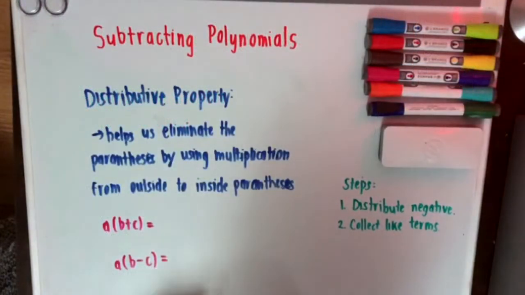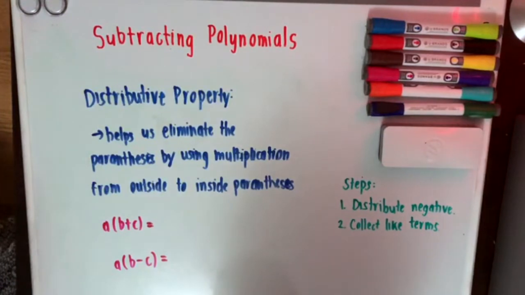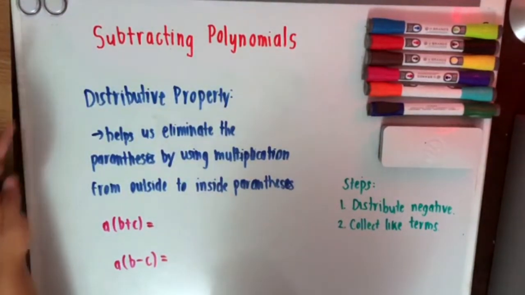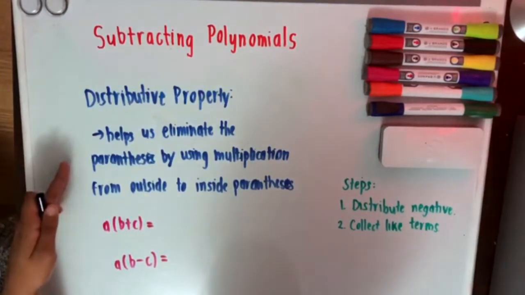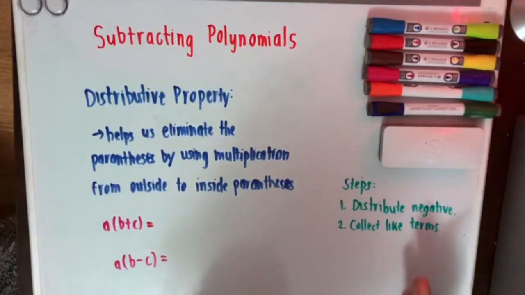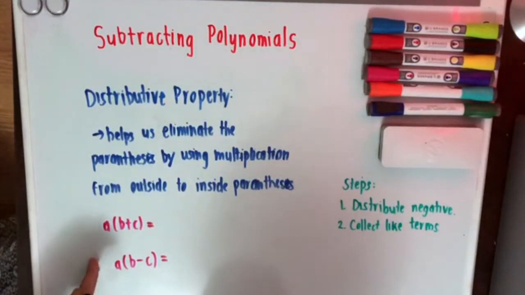So first, let's begin with understanding what the distributive property is, because that's the essential part. The definition: it helps us eliminate the parentheses by using multiplication from outside to inside the parentheses. What that means, let's look at these two examples here.